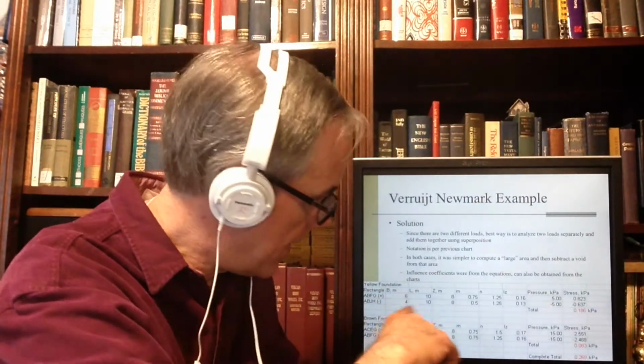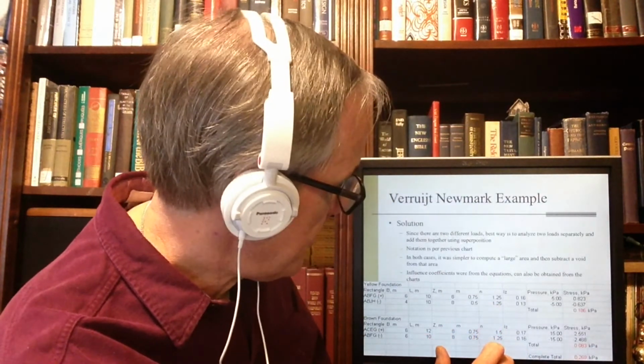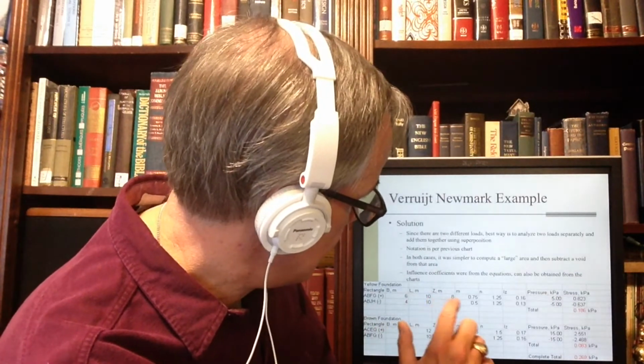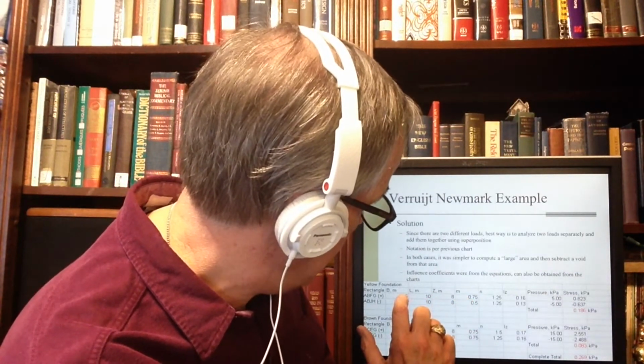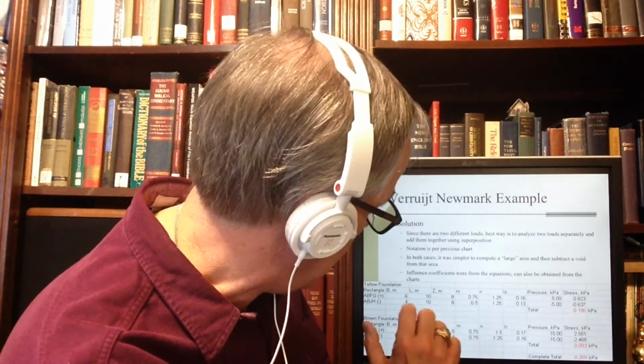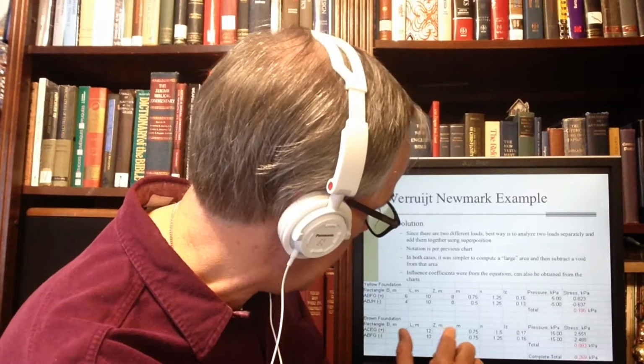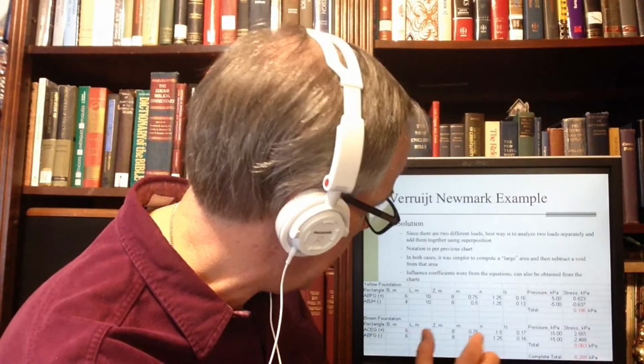Okay. So B, L and Z are the same for all 4 of them. That's nice. Now, M is B over Z. B over Z gets you M for each of the rectangles.